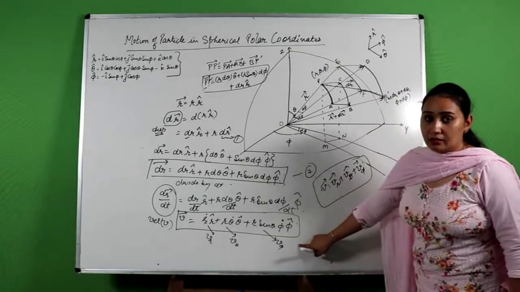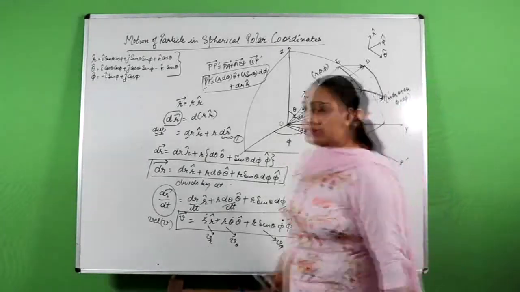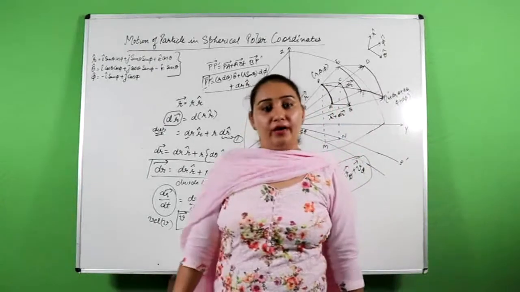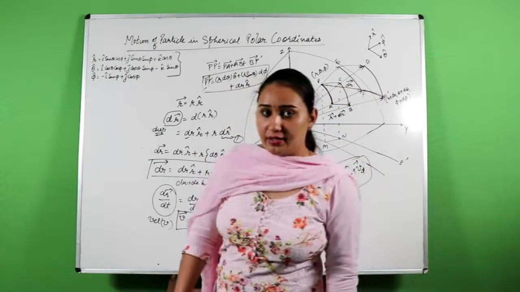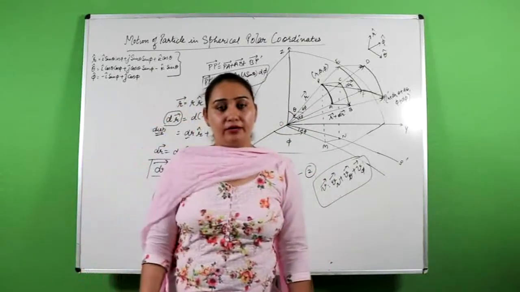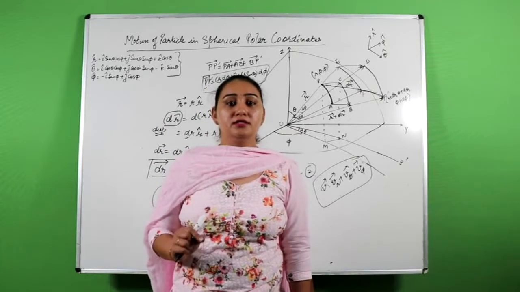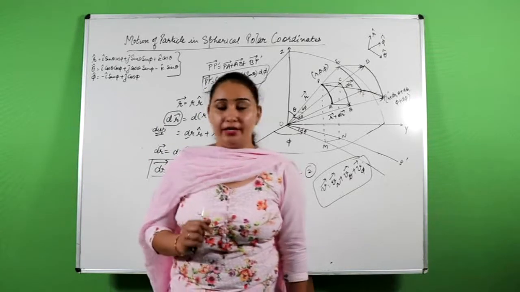So this is my total velocity of a particle moving in spherical polar coordinates. Now we move on to the acceleration part. So what will be the acceleration of a particle moving in spherical polar coordinates?